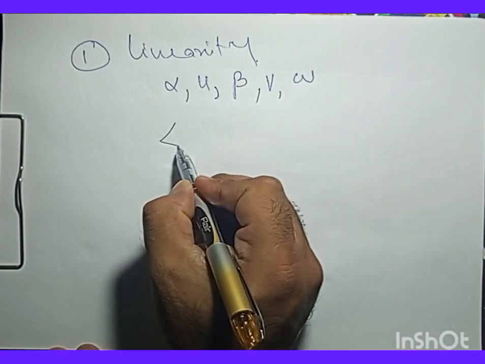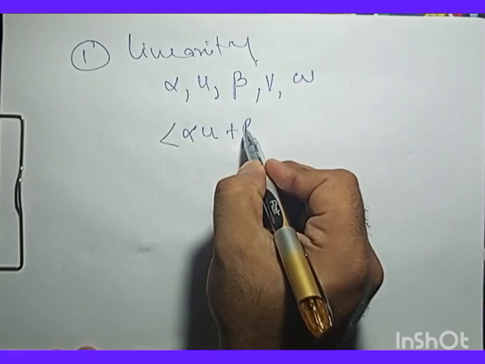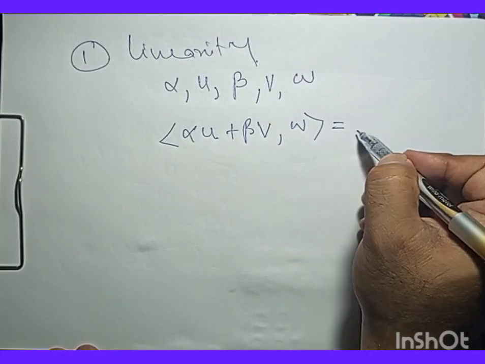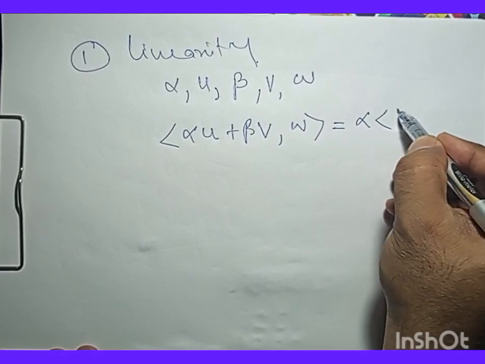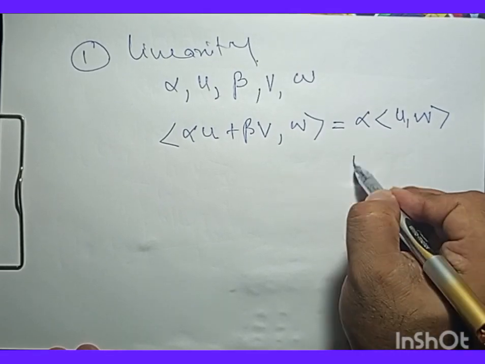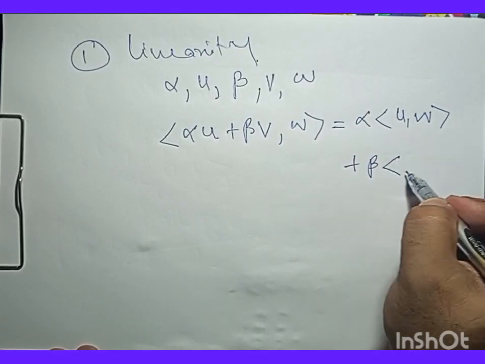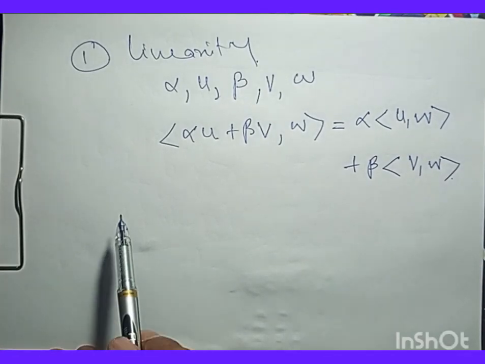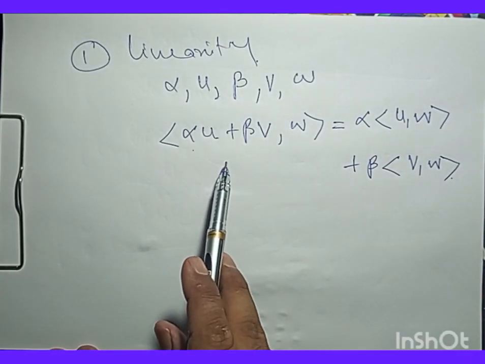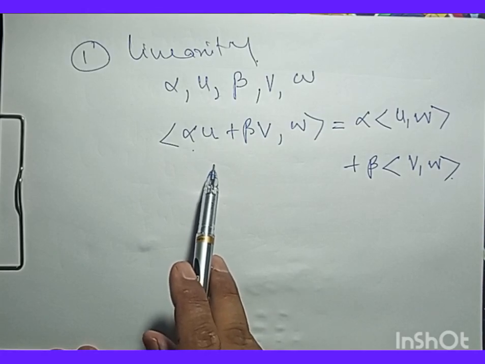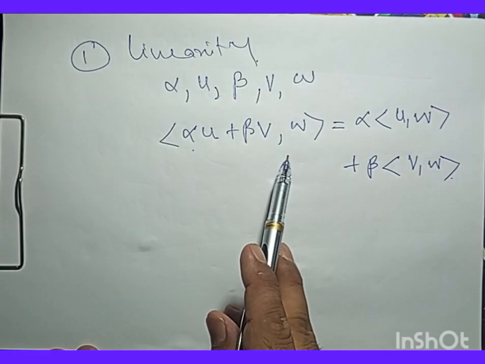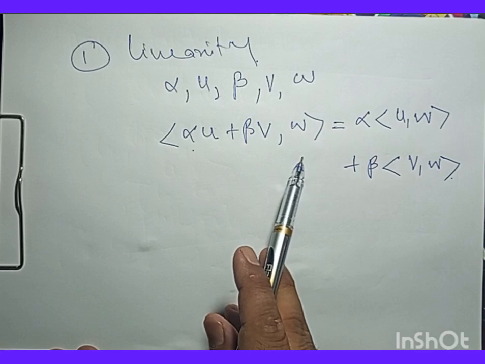If I write down the inner product of alpha u plus beta v with w, we can write this as alpha times the inner product of u and w, plus beta times the inner product of v and w. Here alpha and beta are simply numbers, and u, v, and w are the vectors, which we can call the basis vectors of this Hilbert space.